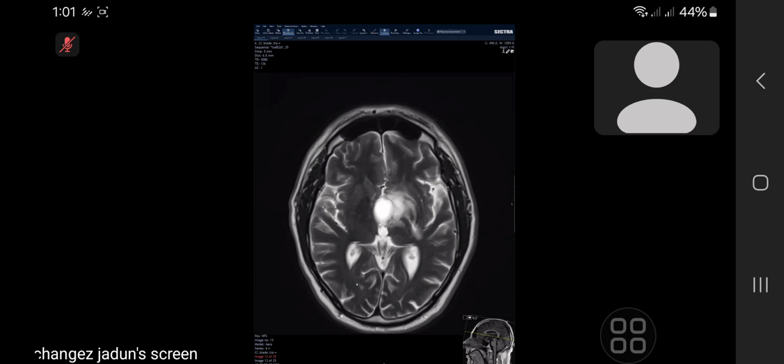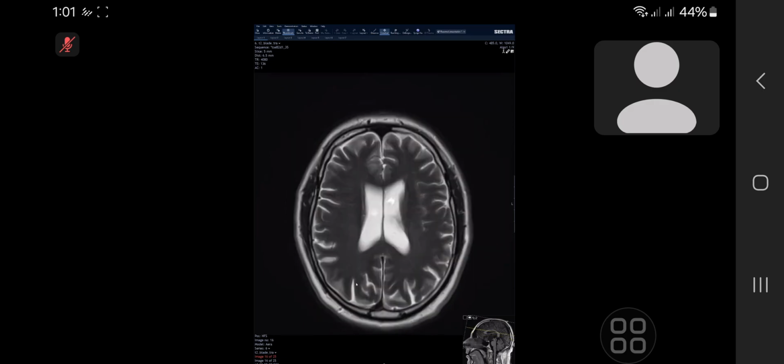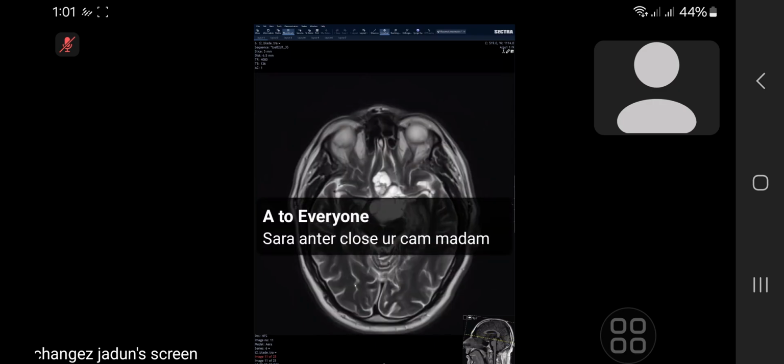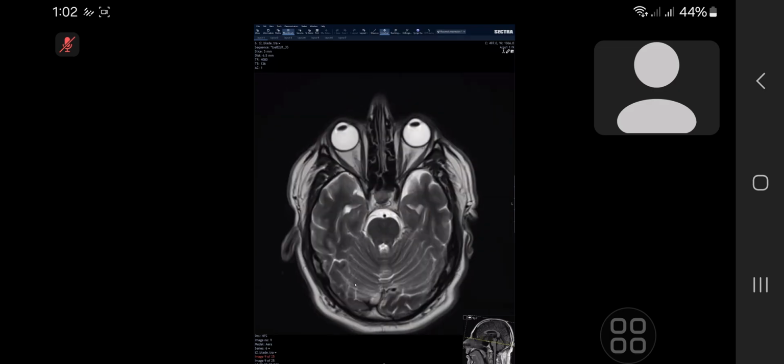I think it's pushing the floor of the third ventricle up and compressing. There is secondary edema in the left medial temporal lobe and left basal ganglia.